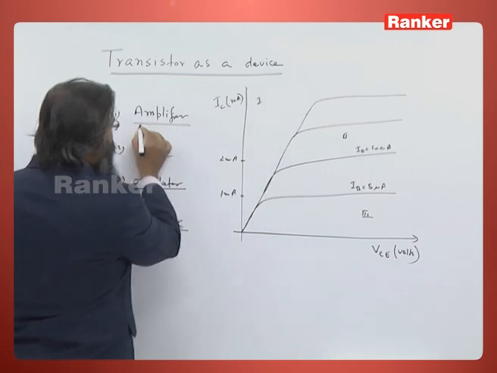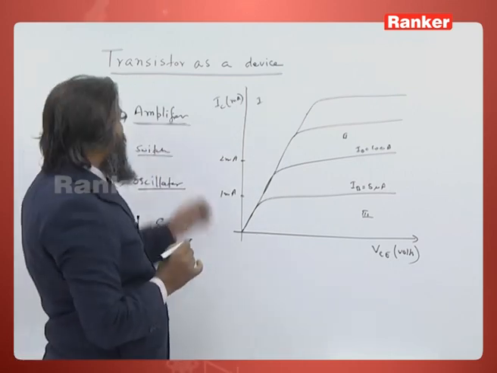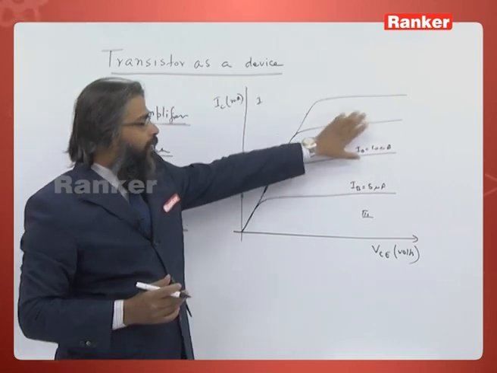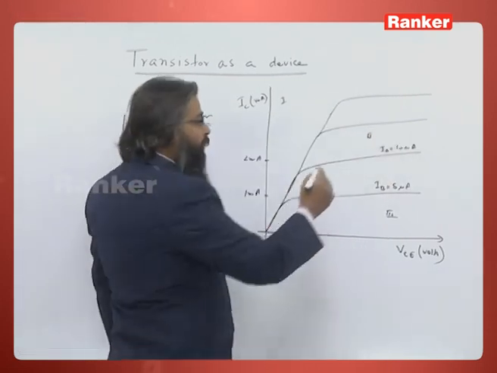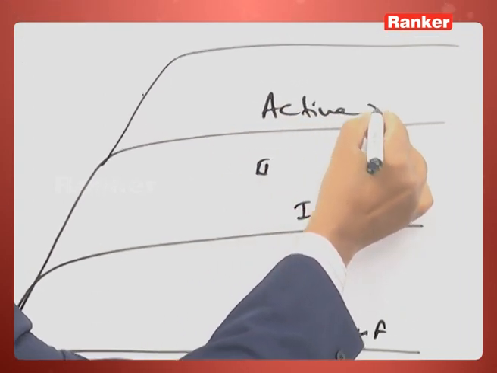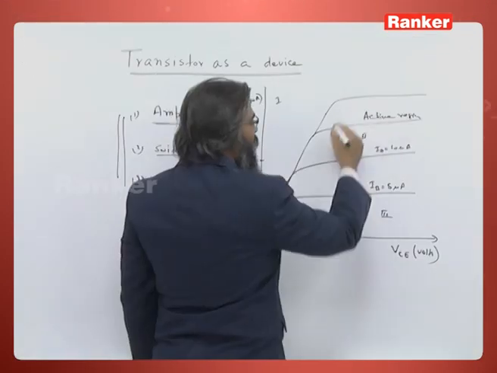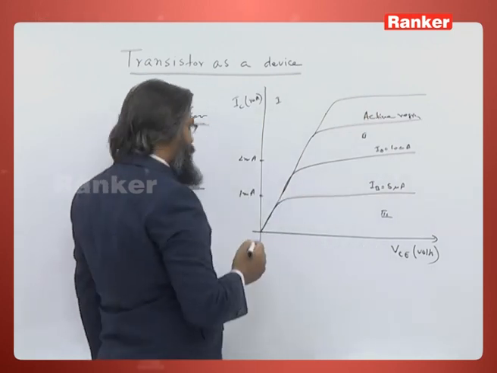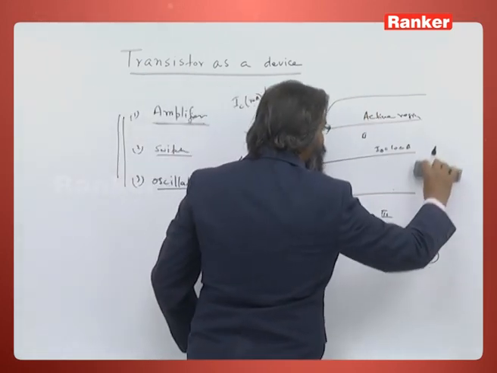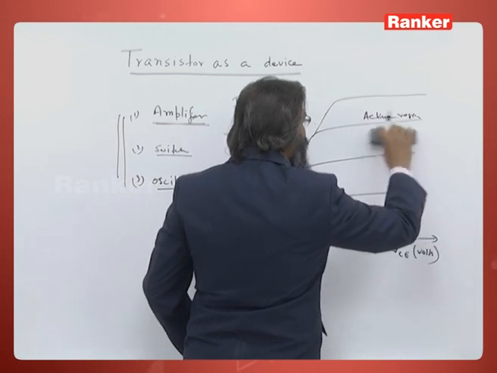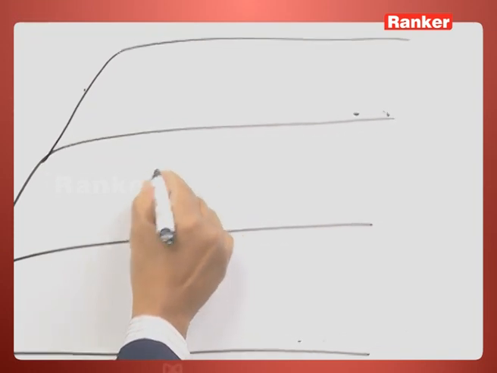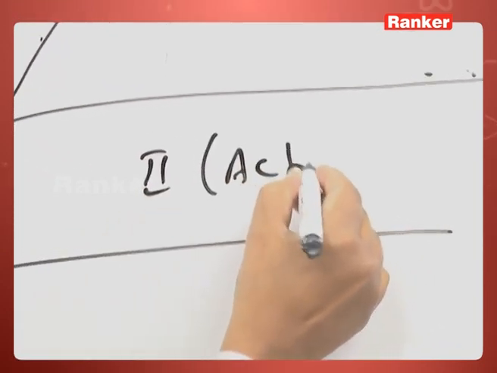If the transistor is to be used as an amplifier, we have to work in region 2, that is called the active region. So let us denote this region 2 as the active region.